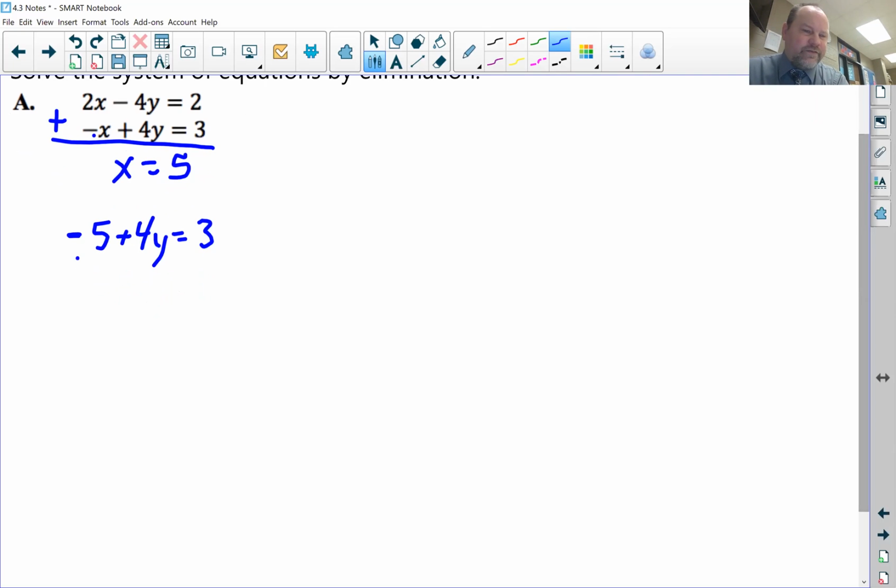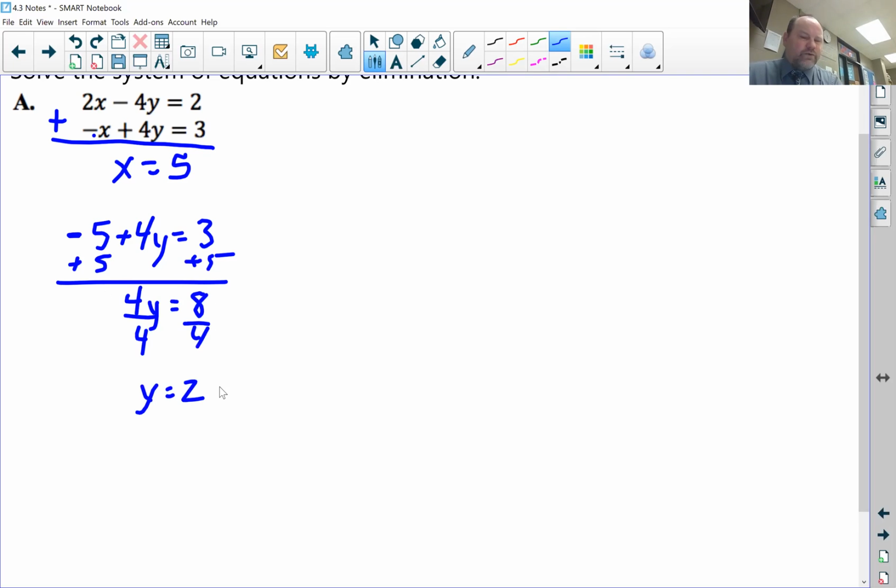I'm going to add 5 to both sides. Three plus 5 is 8. Divide both sides by 4. Y equals 2. So my solution would be 5, 2.